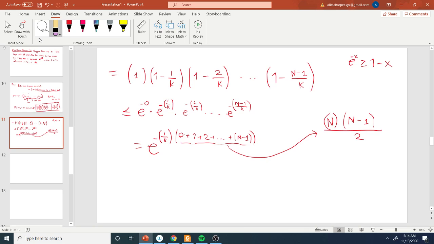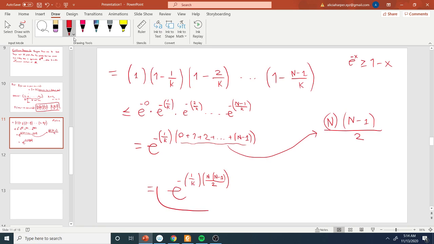So this ends up being the same thing as e to the negative 1 over k multiplied through by n times n minus 1 over 2.